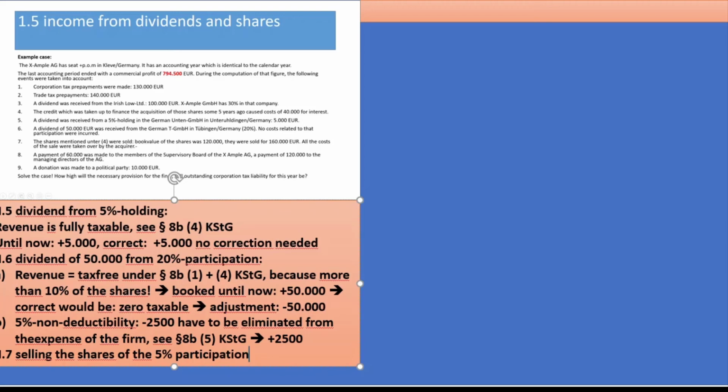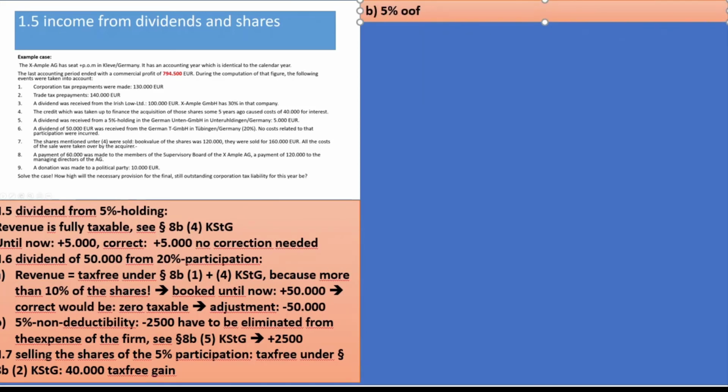Sorry, that's a typing mistake. We have now, this is tax-free under paragraph 8b2 KStG. 40,000 tax-free gain. But we automatically also have a B consequence. 5% of the gain is not deductible.